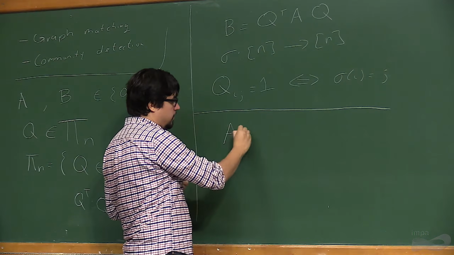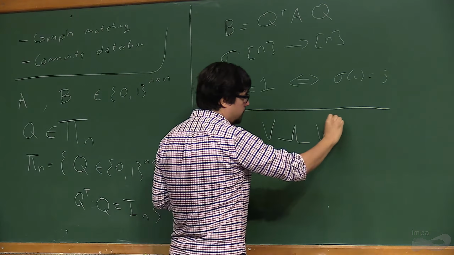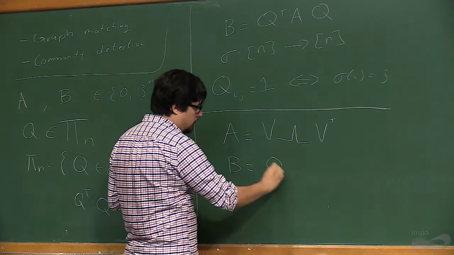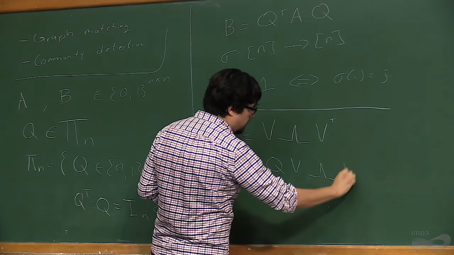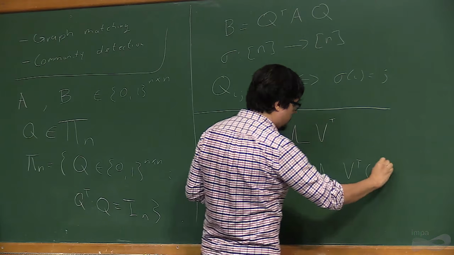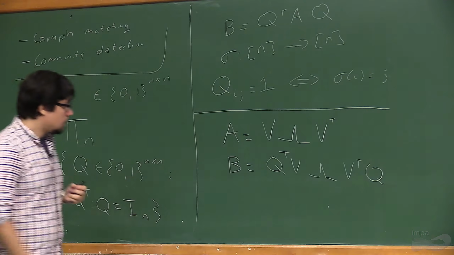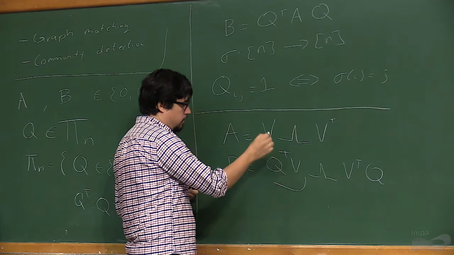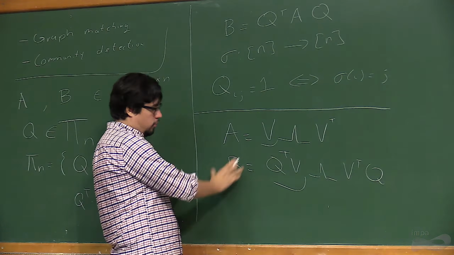So if we write the eigendecomposition of A as U Λ U transpose, for instance, then the eigendecomposition of B is going to be Q U Λ U transpose Q transpose, or actually Q transpose on this side. So one can simply take the eigenvectors of B and the eigenvectors of A. I mean, we just do the eigendecomposition.